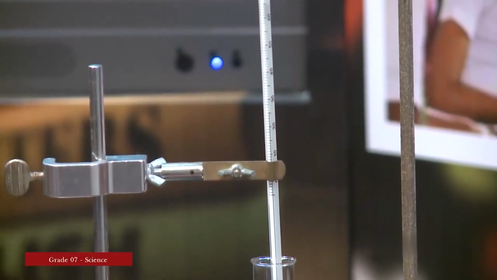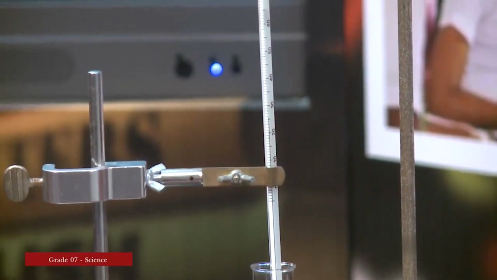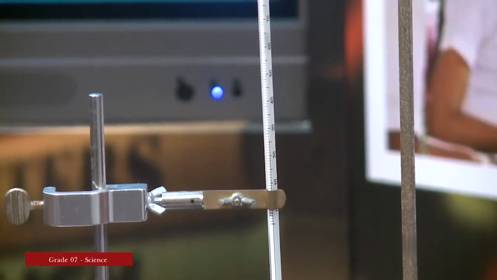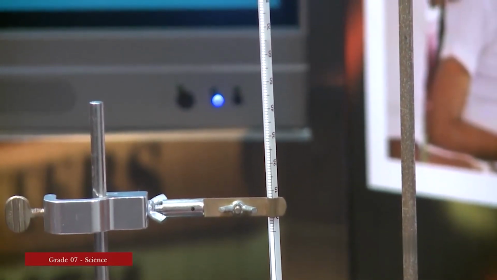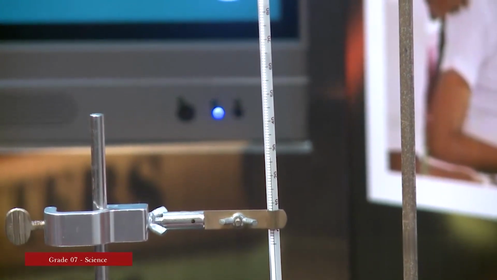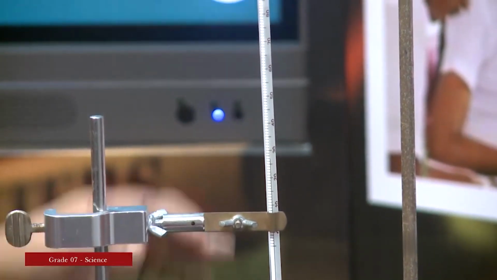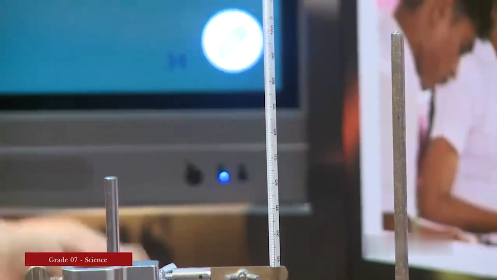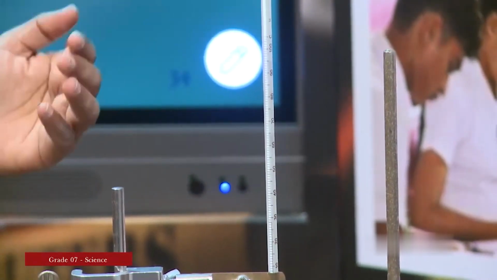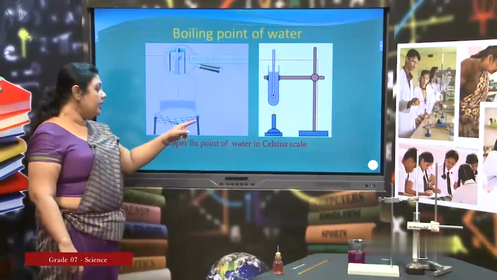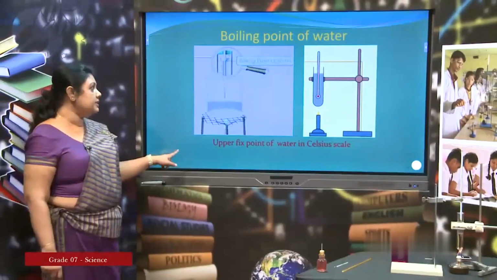We will keep it for a while and see how it goes up as heat is absorbed by the water. That is the upper fixed point. The ultimate point it can reach is 100, not beyond that, because at that point water turns into water vapor. So, that is the Celsius scale.